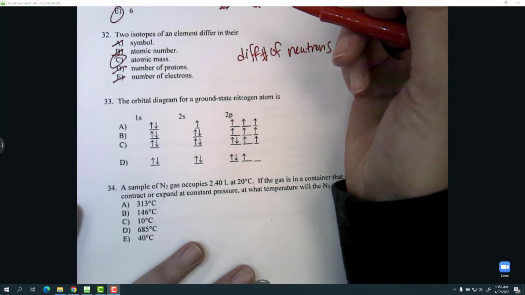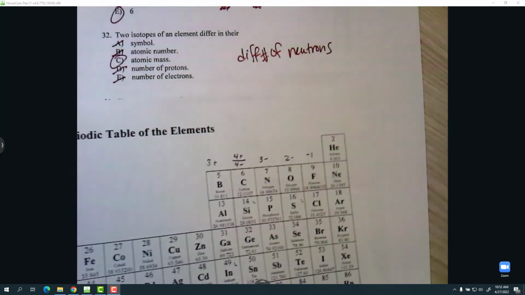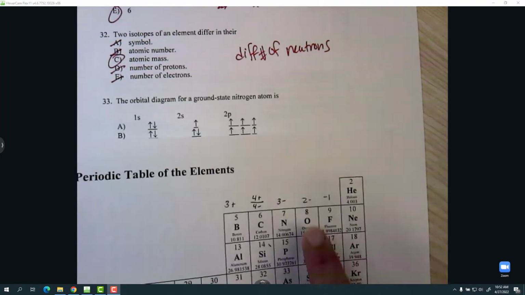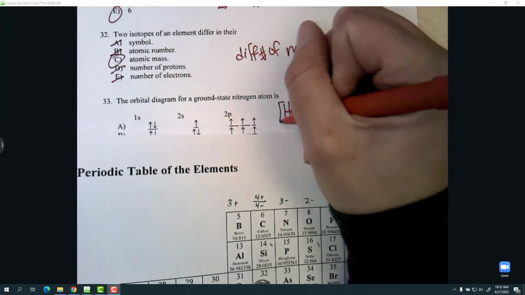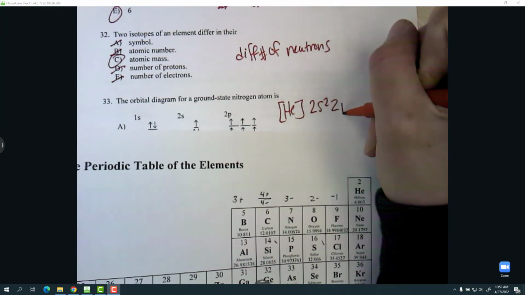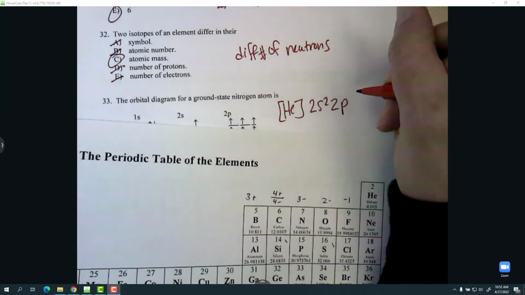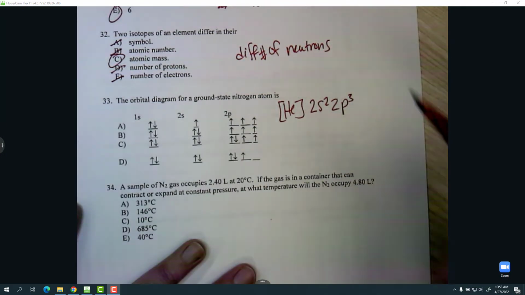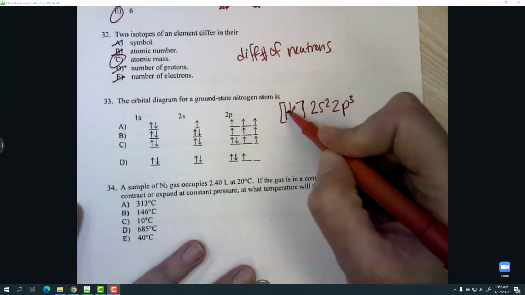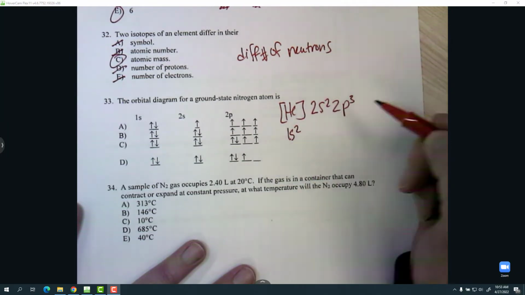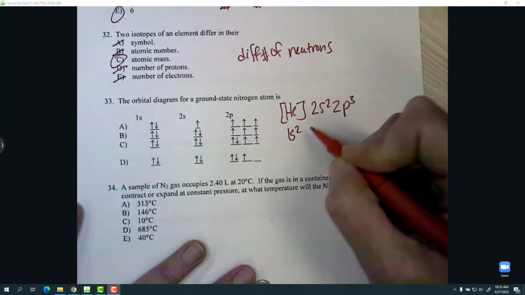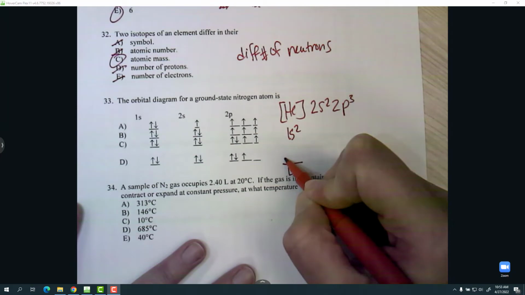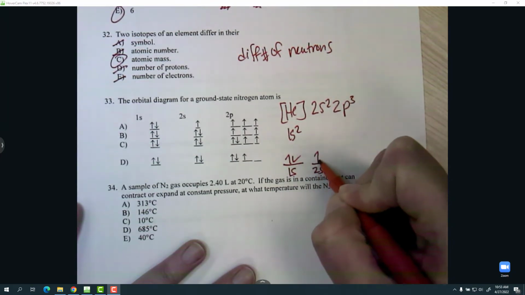All right, the orbital diagram for ground state nitrogen. Let me just write the electron configuration for nitrogen. So it's right here. It would have helium, and then 2s2, 2p, 1, 2, 3. I would start from there. Okay, well, they all have 1s instead of helium, so that's the same. So 1s2. Sometimes I find it easier to just write it myself and then see which one matches.